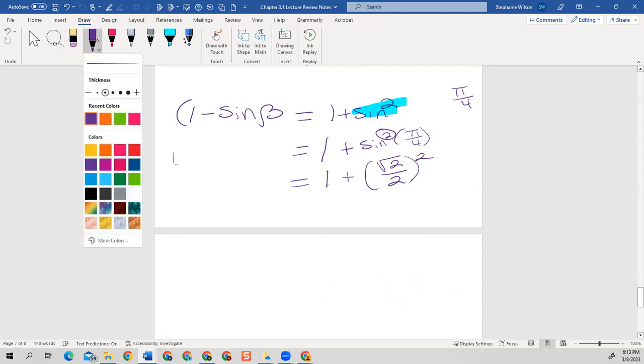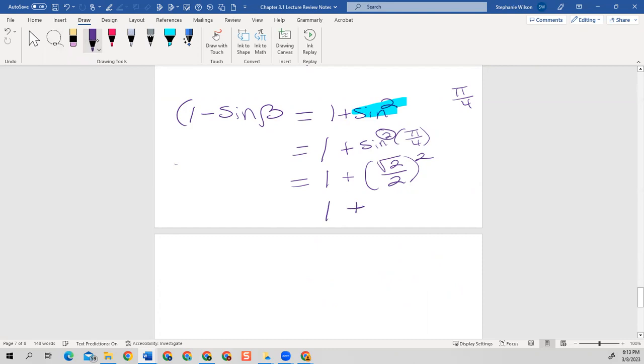But anyways, so now I have 1 plus the square root of 2 squared is just 2, over 2 squared is 4. Or we can reduce that, right? That gives me 1 plus a half, which is 3 halves. There's where my 3 came from. I was forcing a 3 that didn't belong, right?